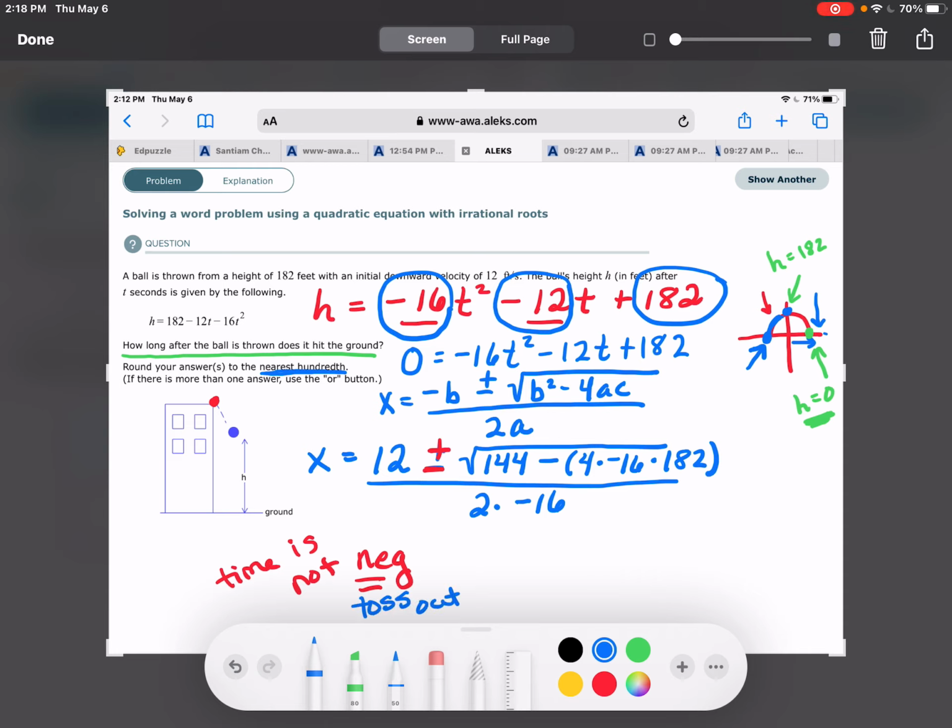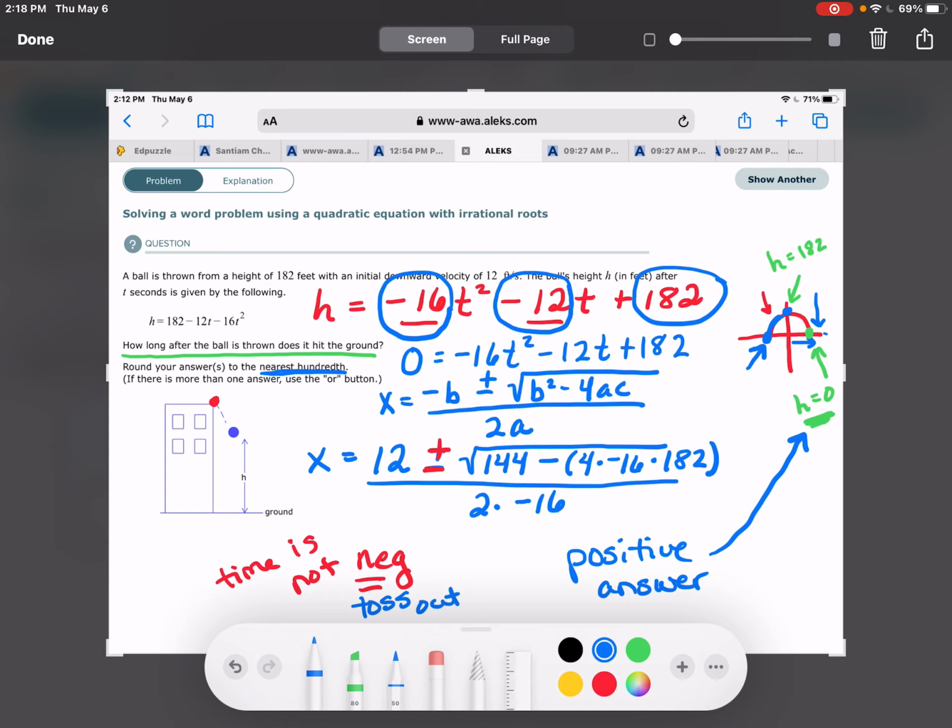And whatever the positive answer is going to be the root or the solution or the x-intercept or the zero that we're actually looking for. It's going to tell us the time in seconds that it's going to take it to get to the ground. It doesn't usually take things very long to fall like that, so expect that number might be kind of small.